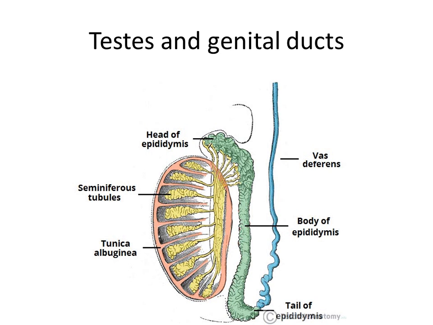This I will show you in the next slide. The ductus deferens has a relatively narrow lumen but a very thick muscular coat of 3 layers of smooth muscle. Its primary function is to store spermatozoa and to propel them towards the urethra during ejaculation. This propulsion is brought about by peristaltic contractions in the muscular wall of the ductus deferens.